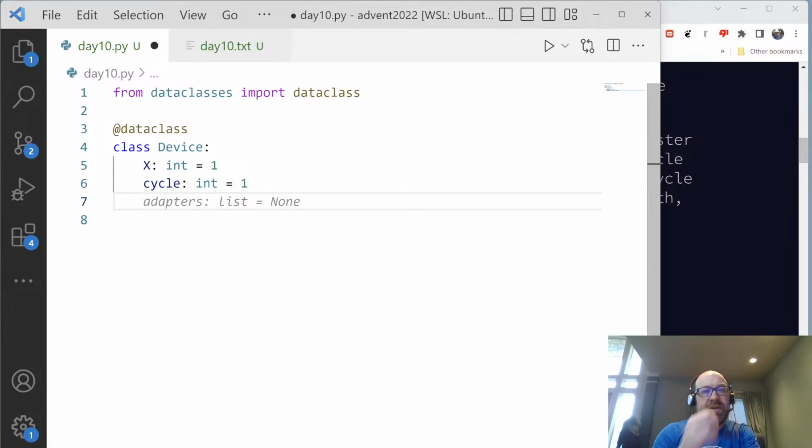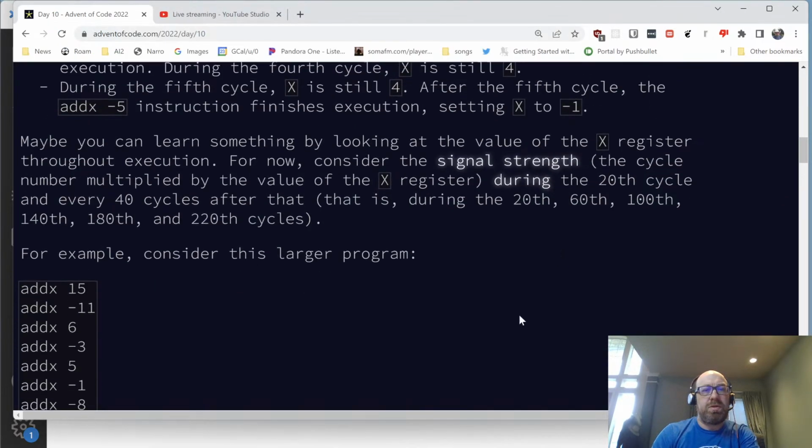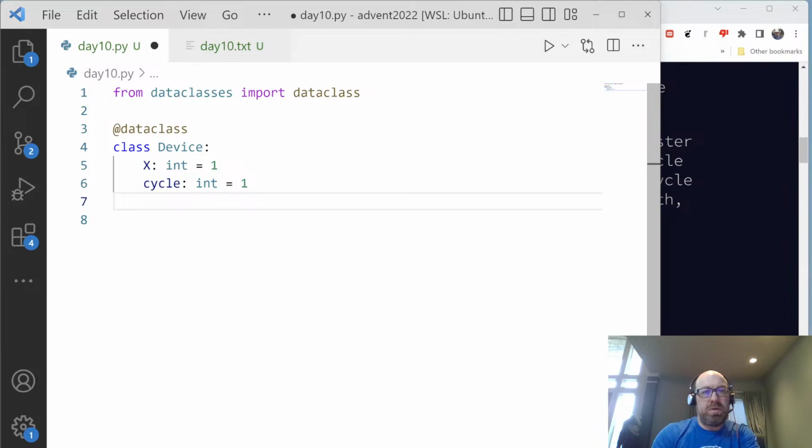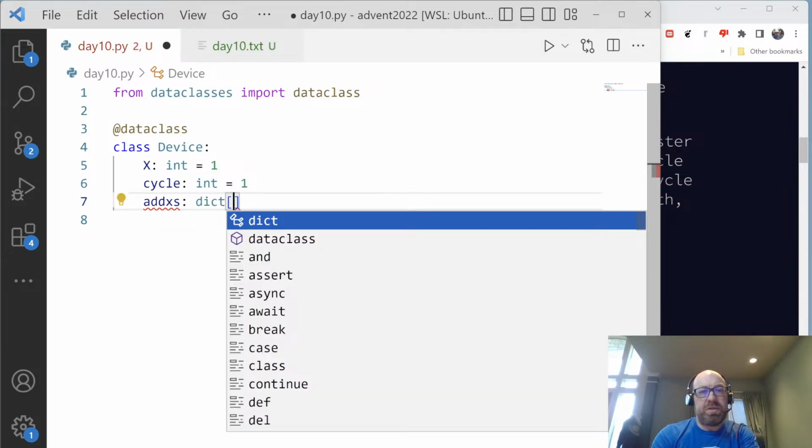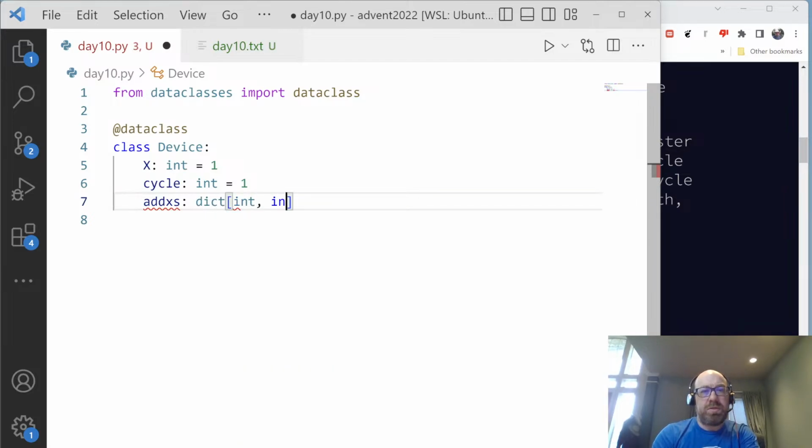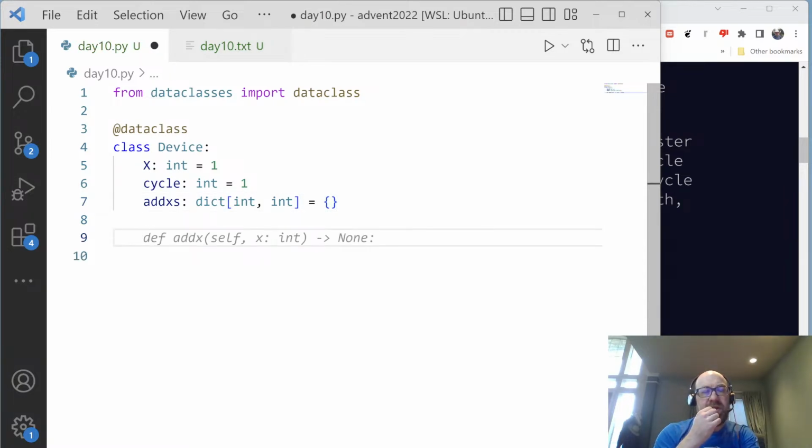And these are going to be add x's, which is going to be a dict from int to int, which is going to be empty. And that's going to be bad.